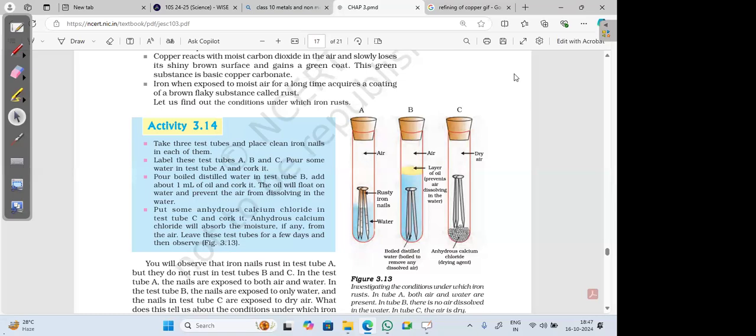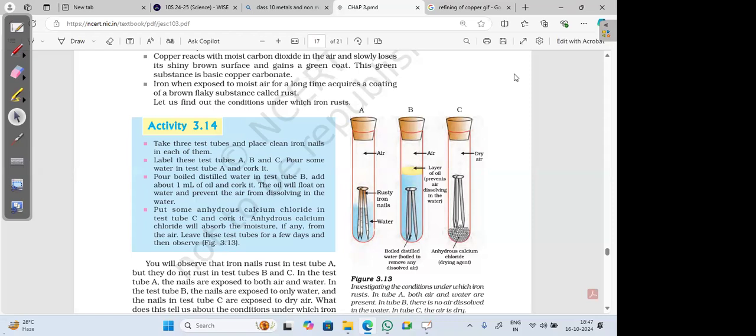So you have a mixture of air and water. In the second test tube, water is filled such that the nails are completely dipped in the solution.